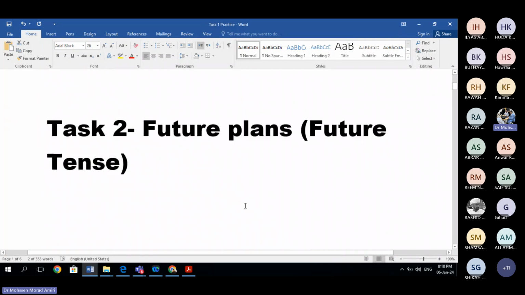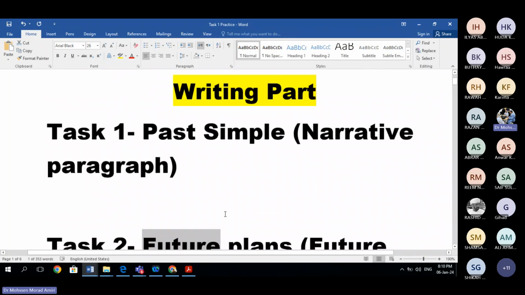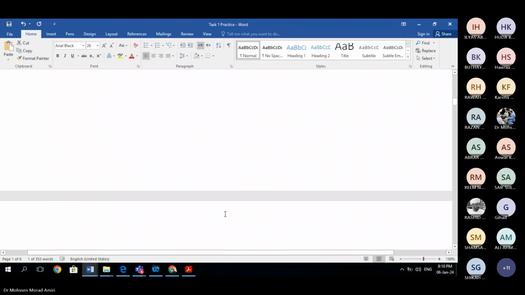And in task 2, as you know, we have future plans. Yani they will ask you a question related to future. So in task 2, we quickly talk about future. Then, let's get started with part 1 with some quick practices to remind you.